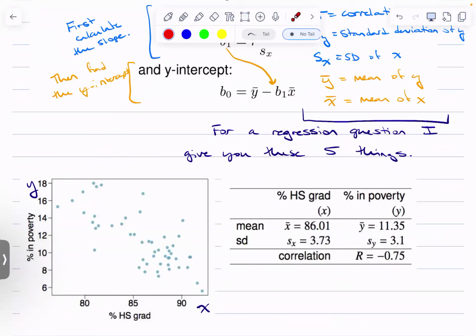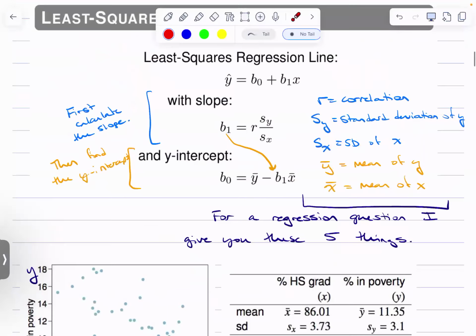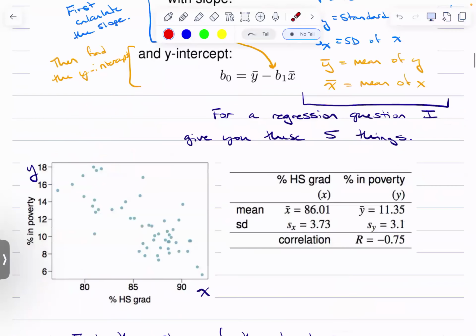Find the correlation. Okay? And so that's kind of an alternate way that I could give you the correlation. And so there's kind of two ways that I could give it to you. Okay?